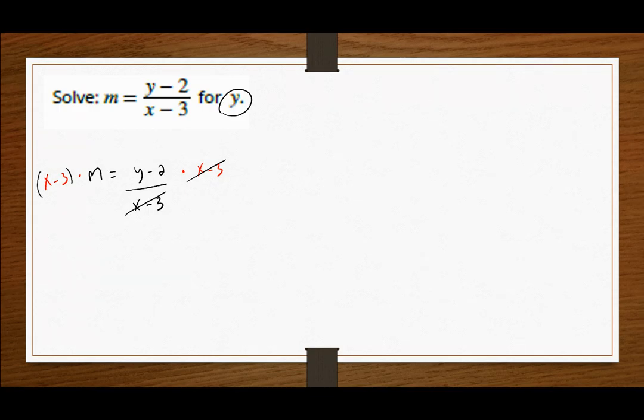Now, it is a binomial. I could exactly multiply it. However, I'm going to leave it in this form. The last thing to do is to move our constants to the same side, in this case by addition. And so we're left here with the solution y is equal to m times x minus 3 plus 2.